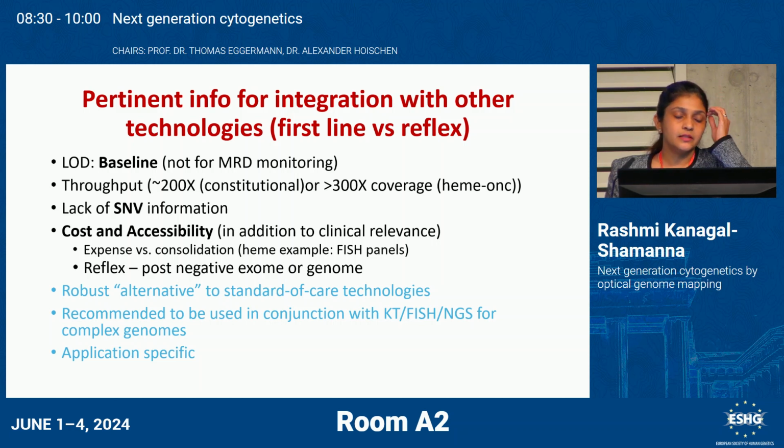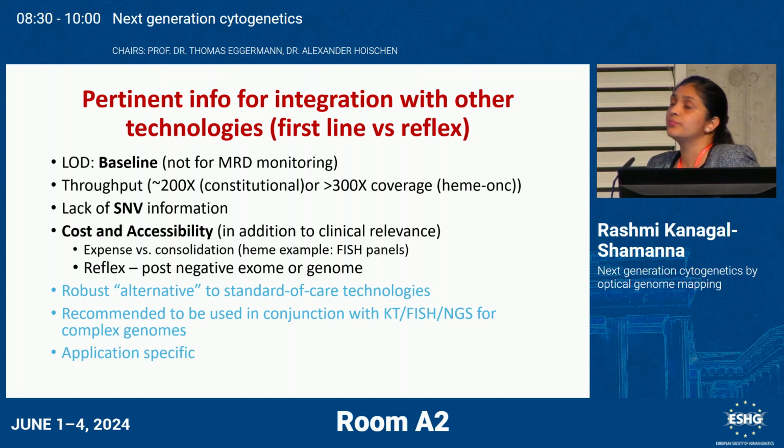So basically, the OGM is a very robust alternative to the standard of care technologies. And based on the advantages and the disadvantages, it can be very creatively used in conjunction with all other technologies for different applications.